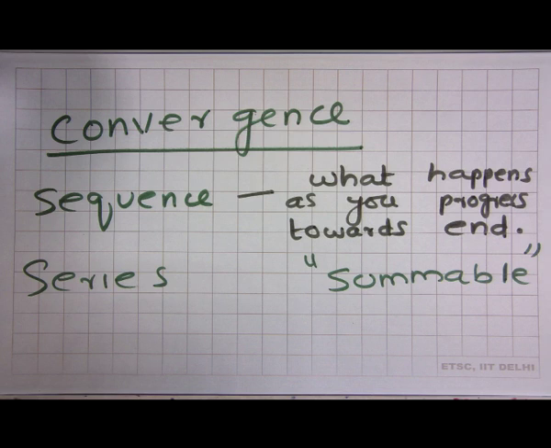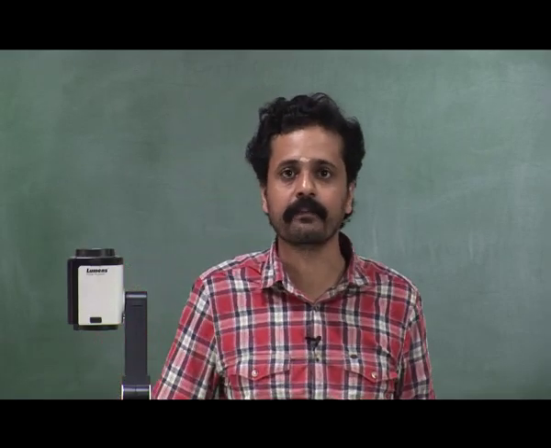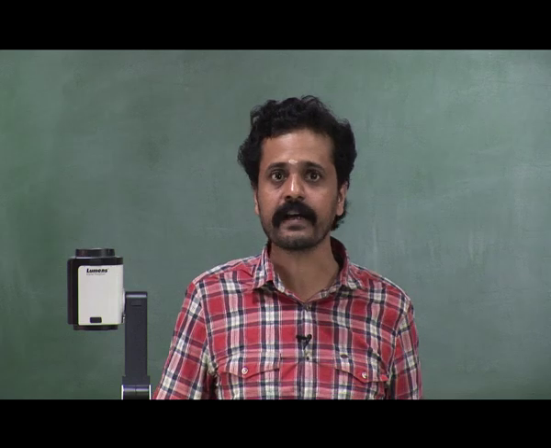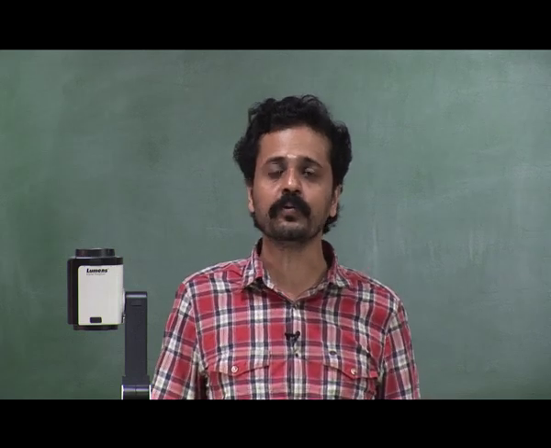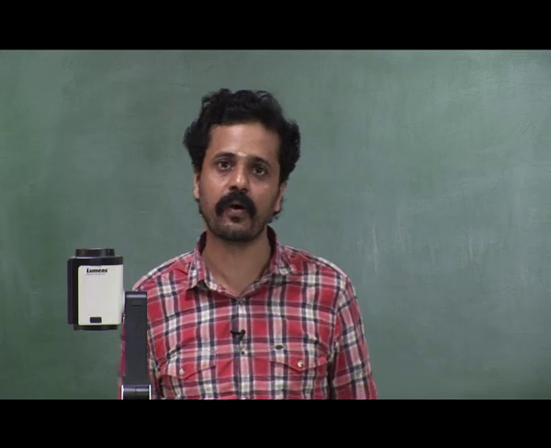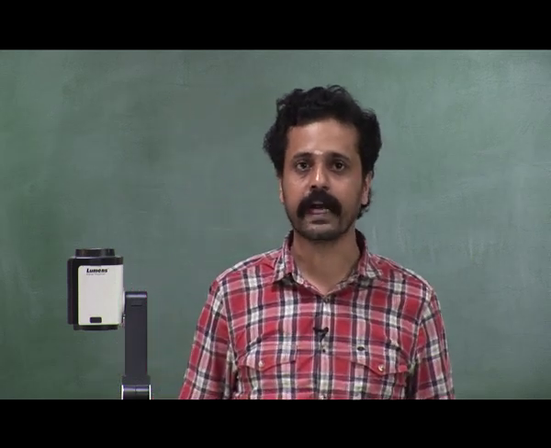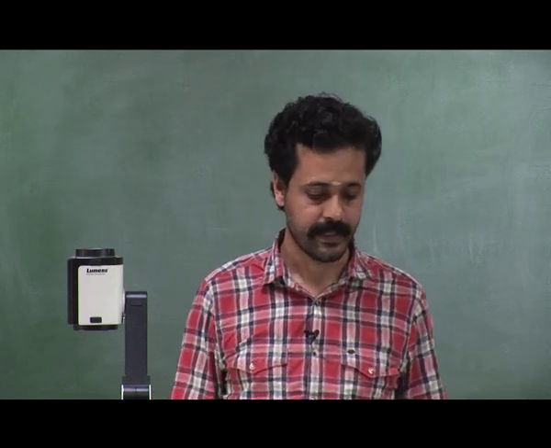Now we got a definite meaning for an infinite sum, a1 plus a2 plus etc. What does it mean? How do we attach a number to it? That depends upon whether the series is convergent or not. And the series is convergent or not depends upon the convergence of sequence of partial sums.